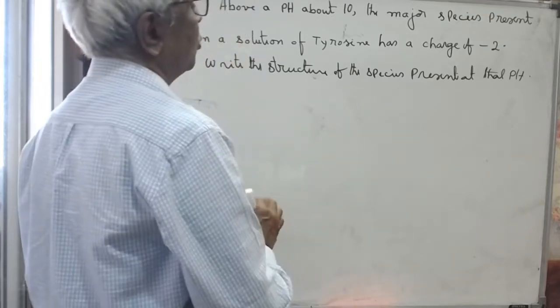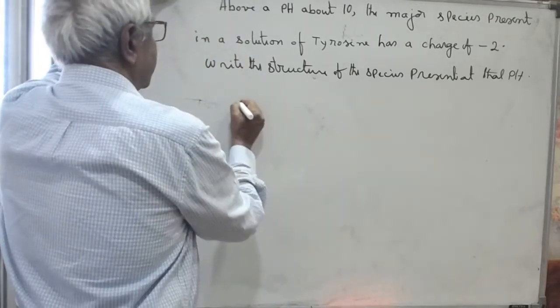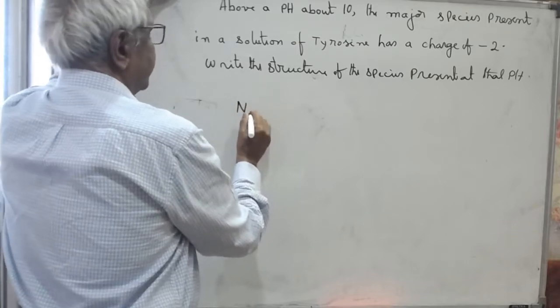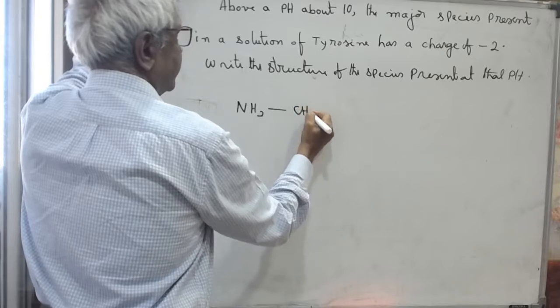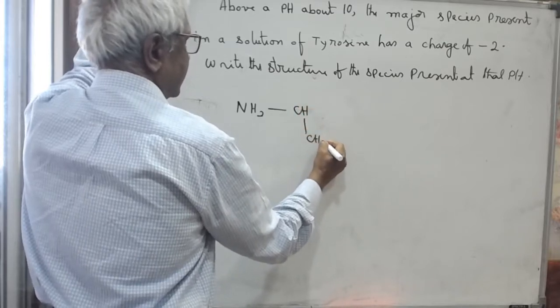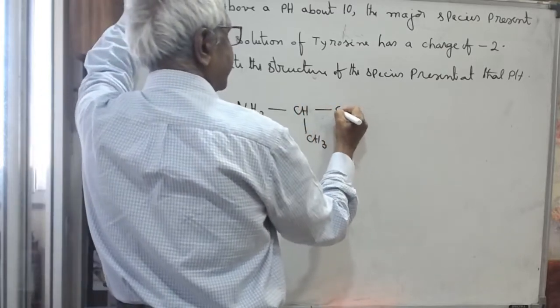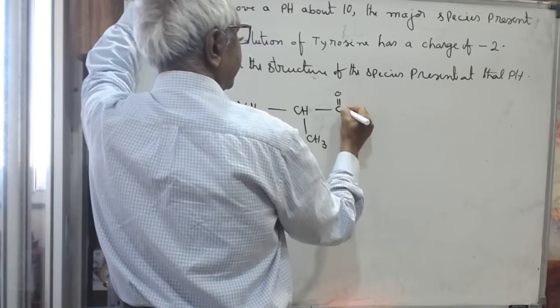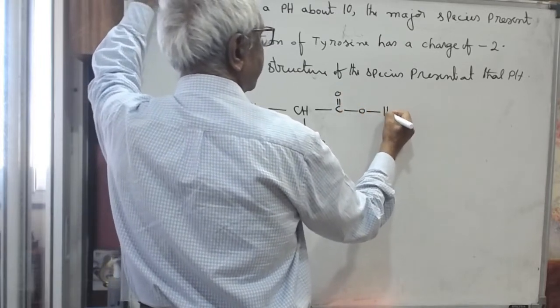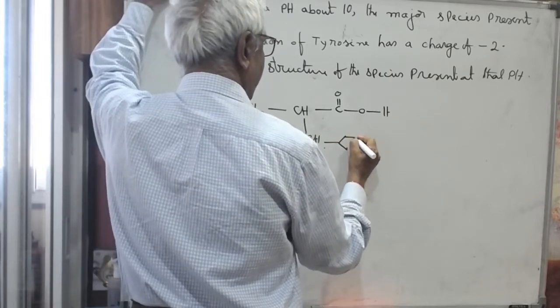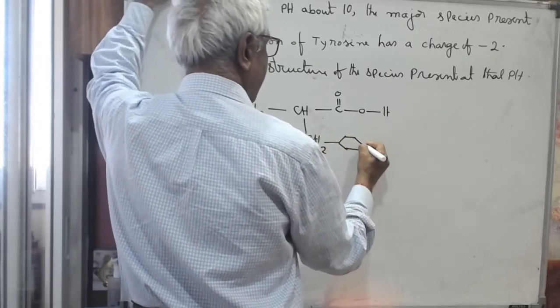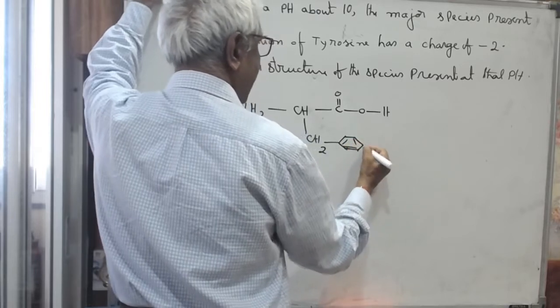First of all, you should know what tyrosine is. This is alanine. Now, alanine with a phenolic group is phenylalanine.